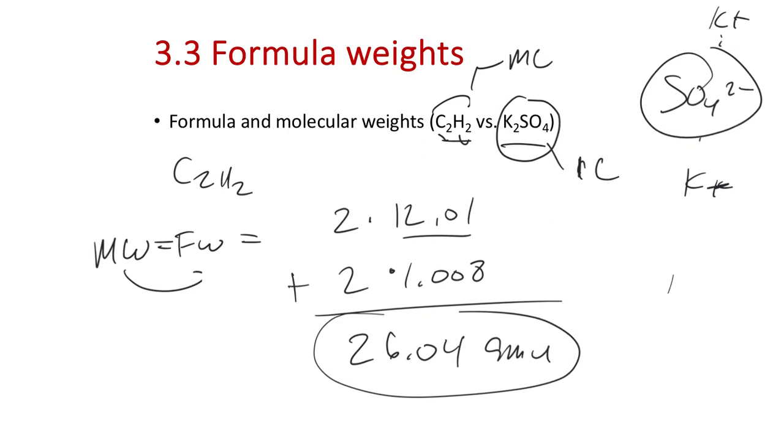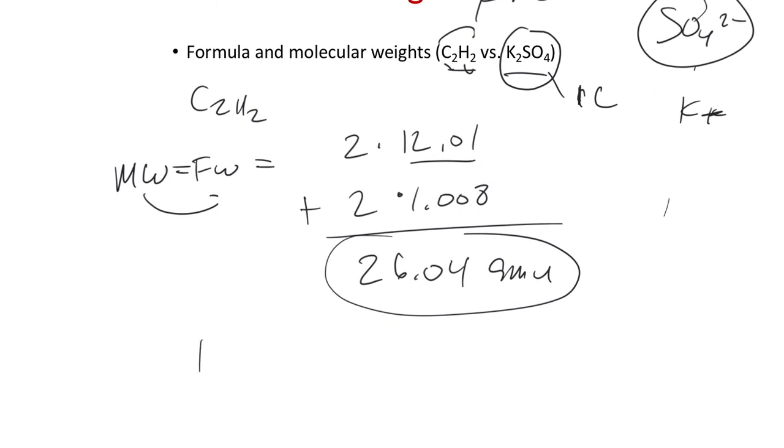The formula weight for K2SO4 would be 2 times the mass of potassium, which is 39.10. And again, these units, we can just keep using. The masses are just atomic mass units. Now, we need to connect that to grams per mole. We're going to be getting there soon, to get the molar masses.